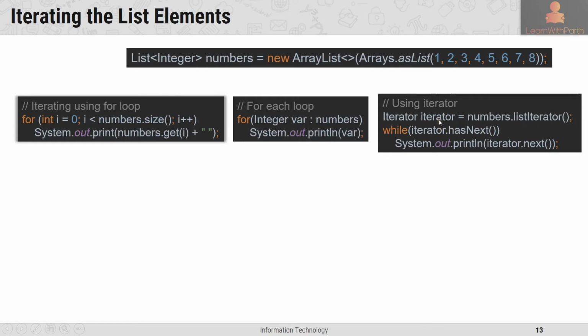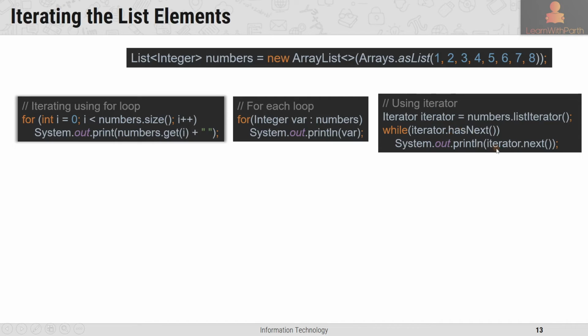So what is going to happen is that this iterator is going to have the elements 1, 2, 3, 4, 5, 6, 7, 8. The first time, it will check whether it has an element. Obviously it has the element 1, so this is going to return true.